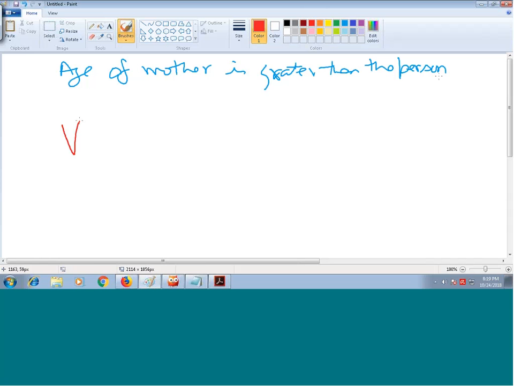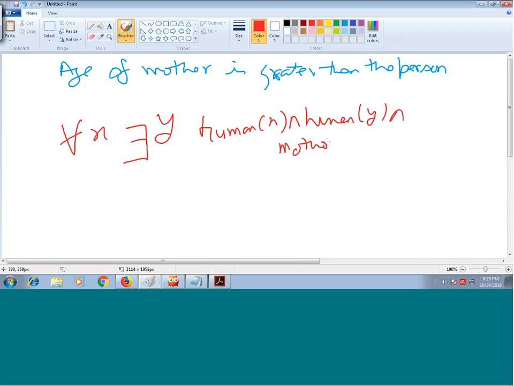You can write like this: for every X there exists Y, we talk about human of X and human of Y, and mother Y of X, and age of X, age of Y greater. This is how you write.